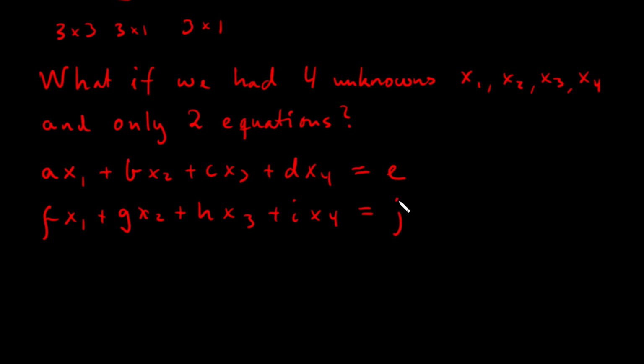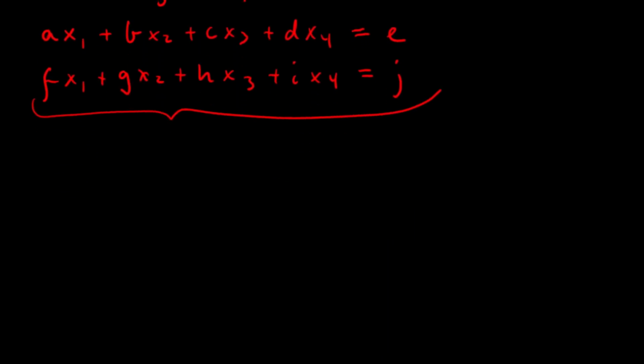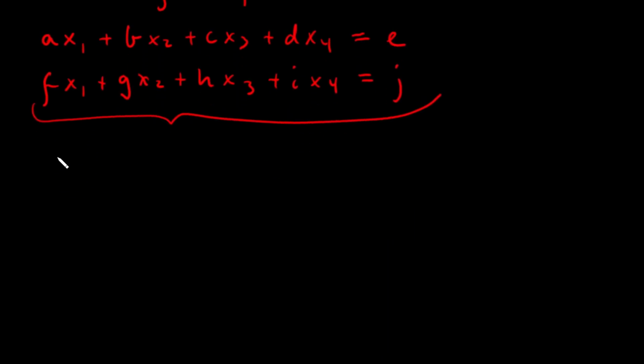How can we express that using matrix multiplication? Well, it's not that difficult. It's just following the same thought that we had before. We gather all the coefficients in a sort of coefficient matrix.